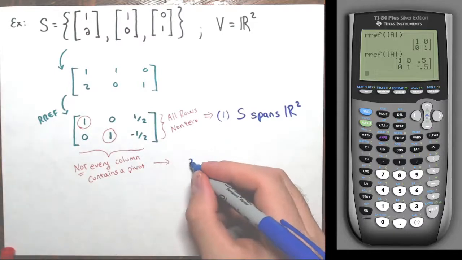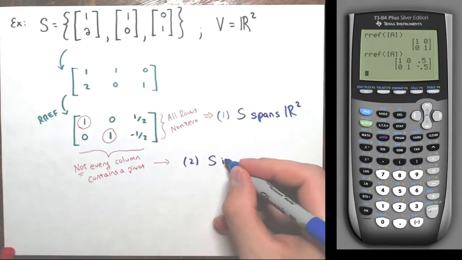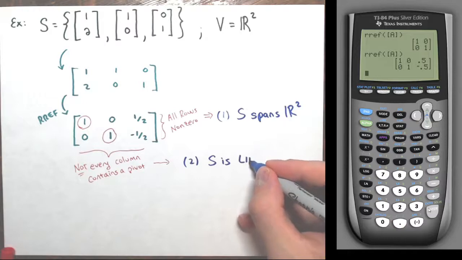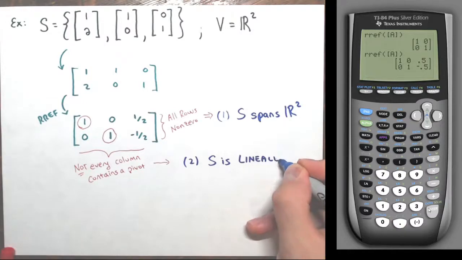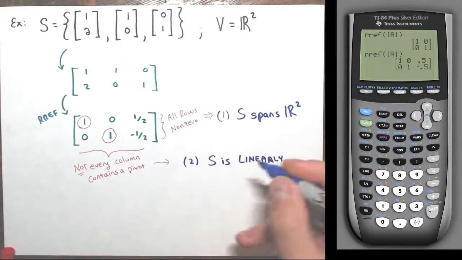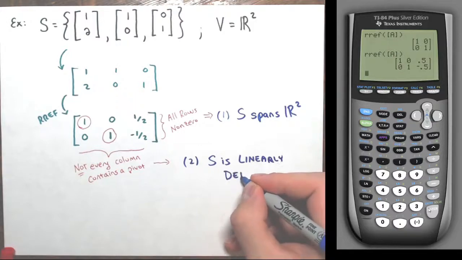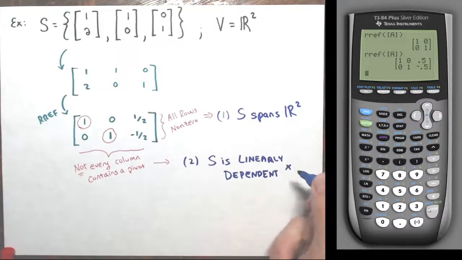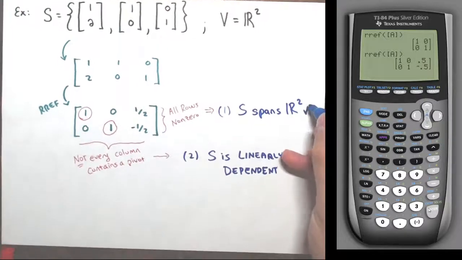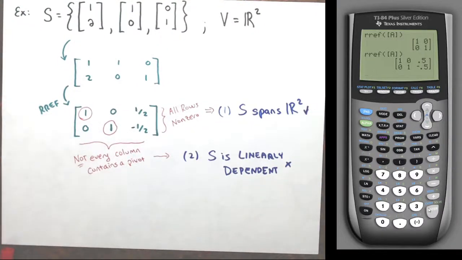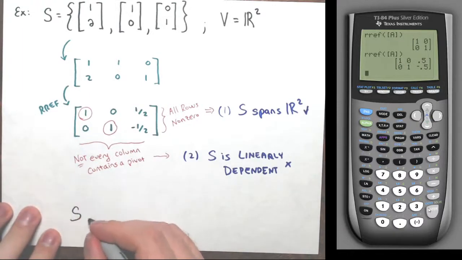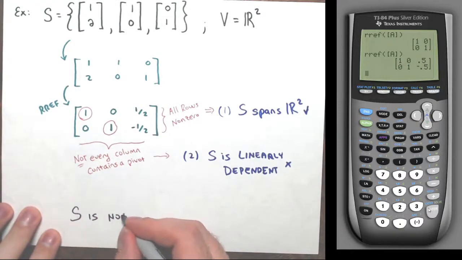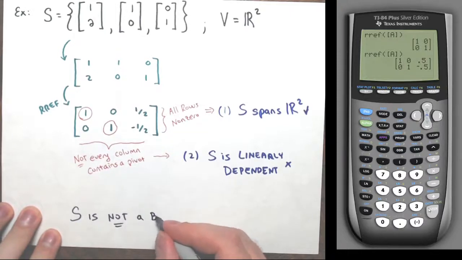So S is linearly dependent, not independent, and that's bad. This is good, but as long as one of them fails, we're not a basis. So S is not a basis for R2.